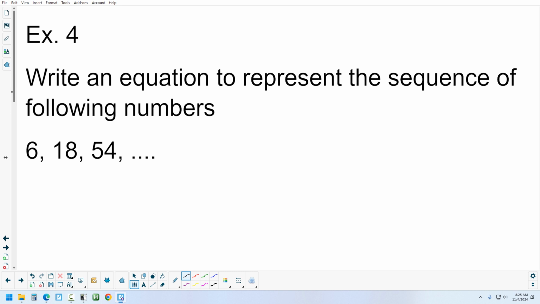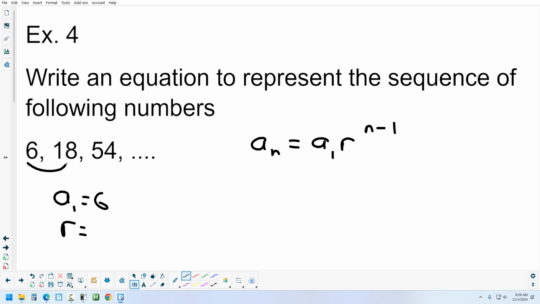All right, let's try this one. So step 1, they're asking for an equation. Write down your formula. Okay, so now we know the formula we're going to use. What is the first term? 6.